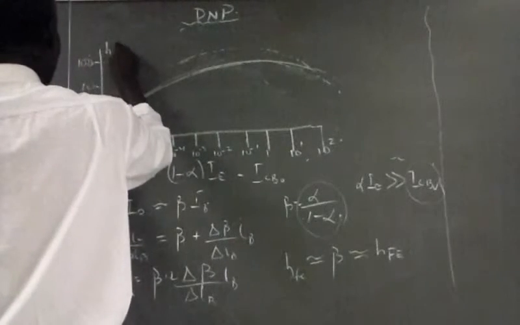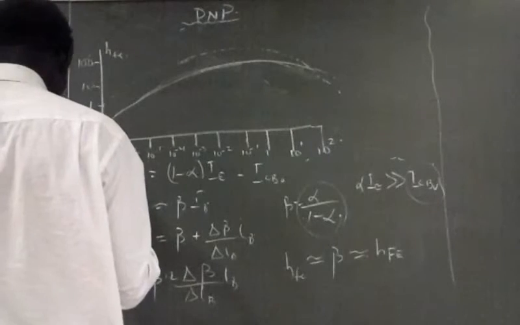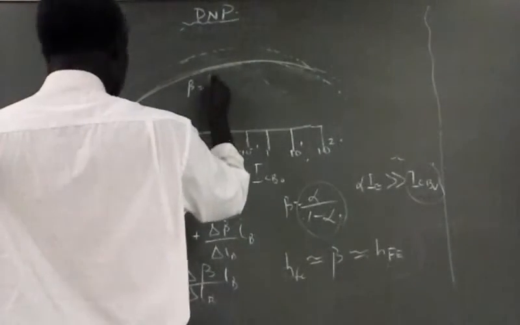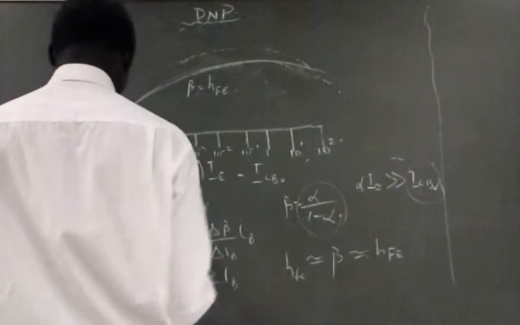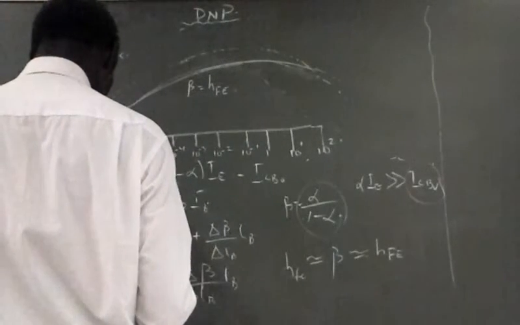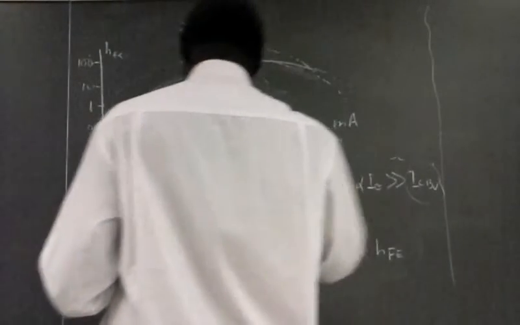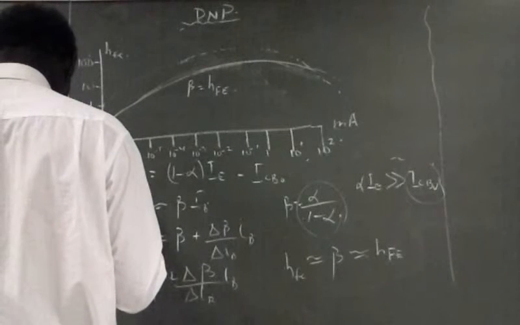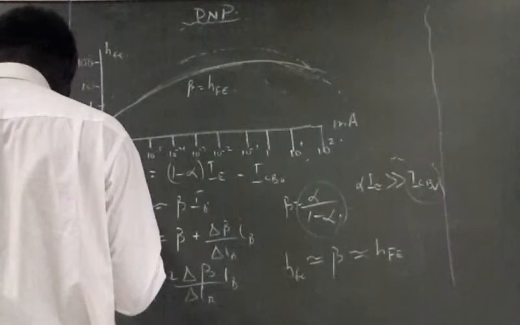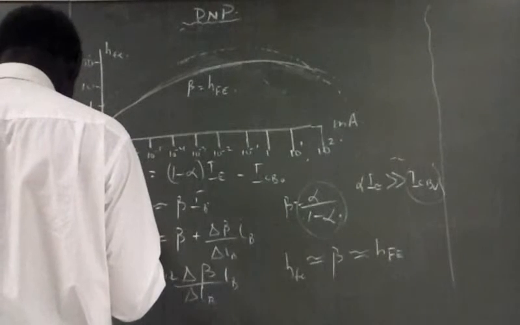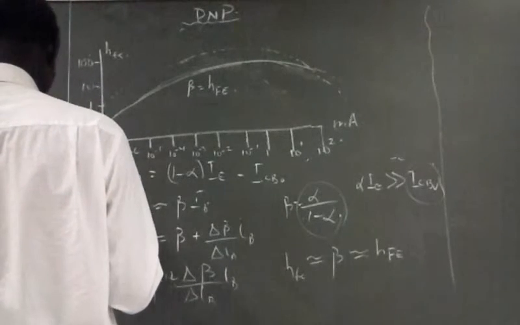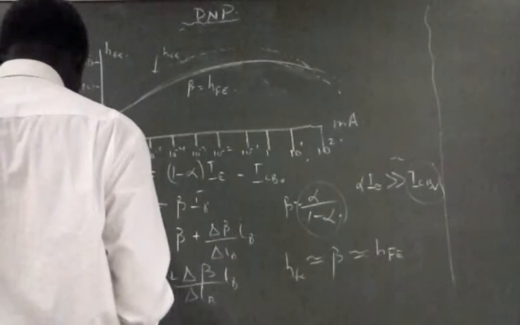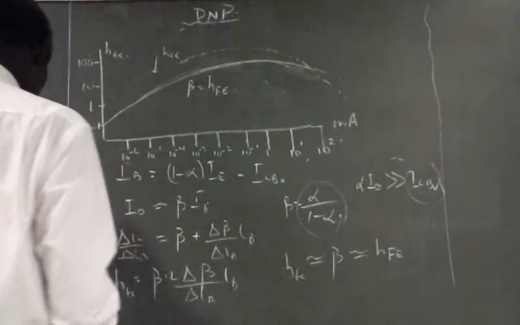Here are h_FE, beta. Now, beta equals h_FE. This is in milliamps, and this is h_FE.